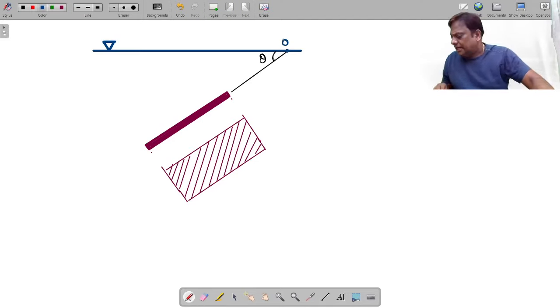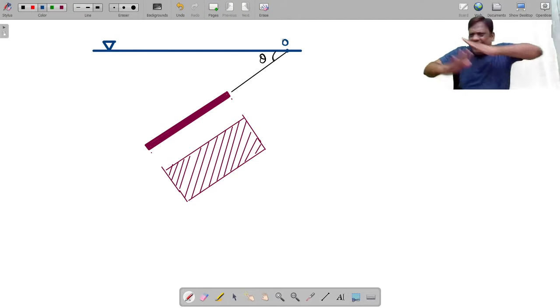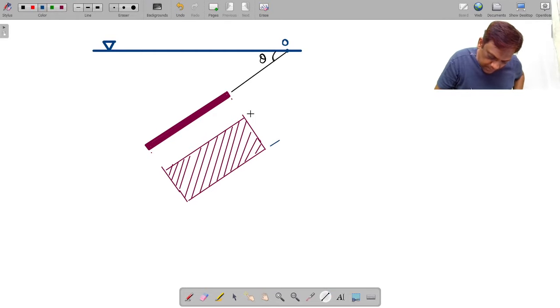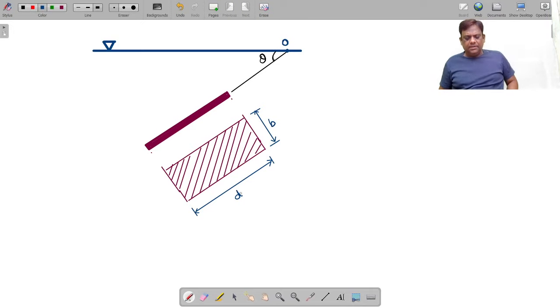Please note down that it need not be rectangular. It can be any irregular shape, whatever shape it is. Now let this be B, let this be D, some values.